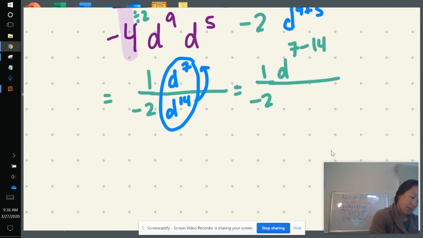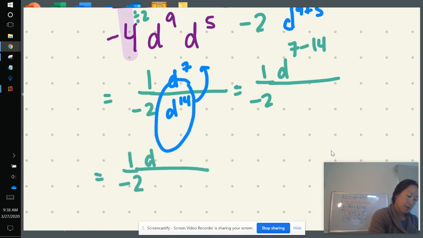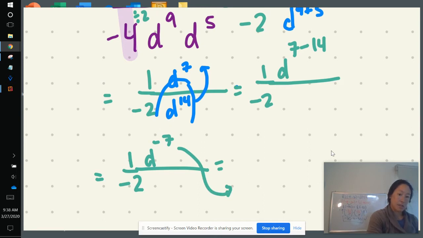So I get 1 over negative 2 times d to the negative 7, and then how do I make that negative 7 positive? We're going to move it down to the lower level because the base is in the numerator. So I have 1 over negative 2, d to the positive 7.